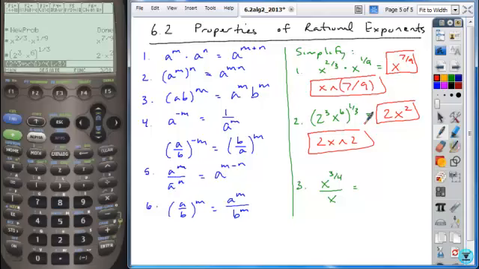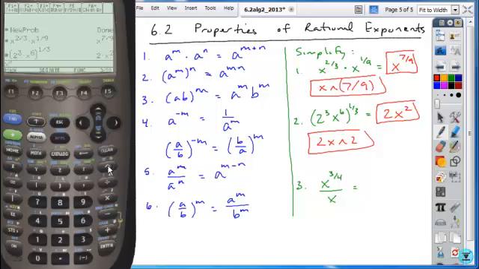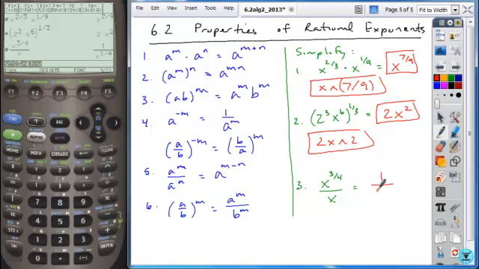And then the final example here, again, if we enter it exactly as it appears, x to the power of 3 over 4 divided by x, hit enter. And now, here's where it depends on what your answer looks like or what form it's asked.